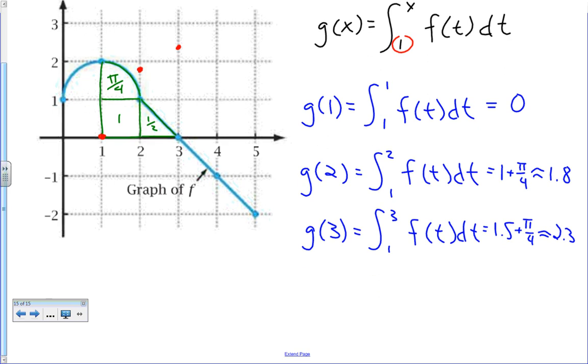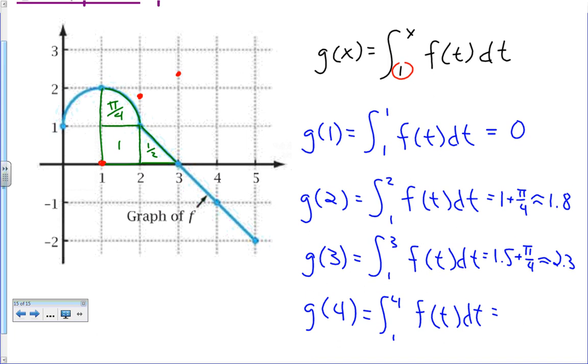So let's do the last 2 points that they've got indicated for us here at 4 and at 5. So g of 4 is equal to the integral from 1 to 4 of f of t dt. And so that's equal to, again, let's find the area, the definite integral I should say, from 3 to 4. That's going to be this region. Now, because this is below the x-axis, that means that's a negative 1/2.